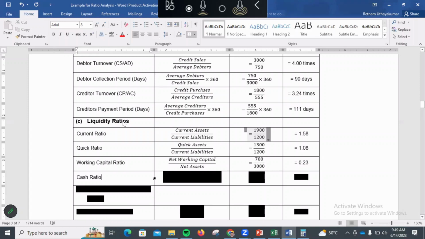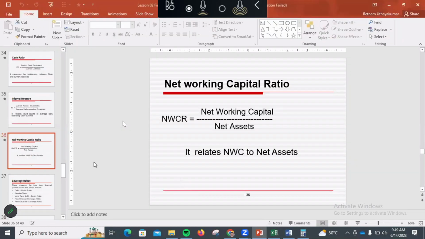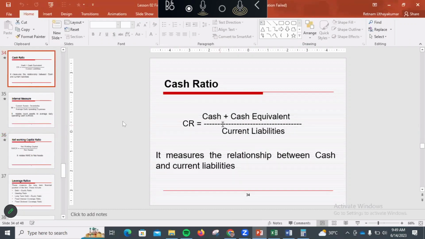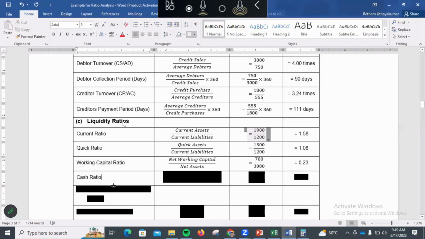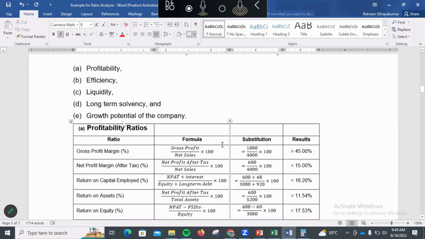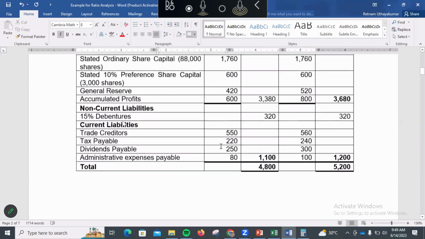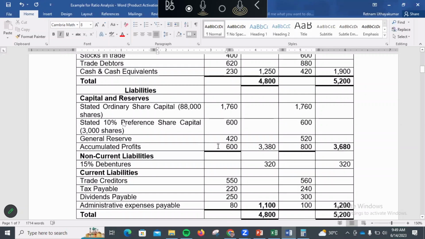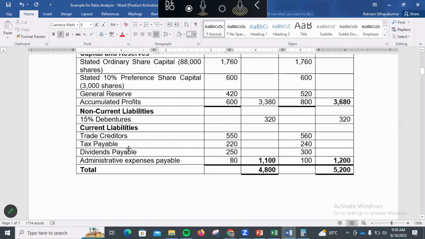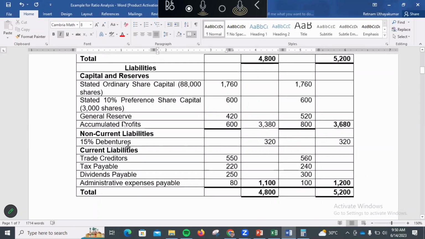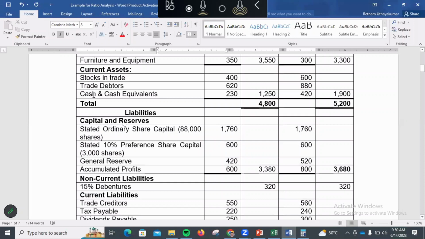Then the cash ratio. So what is cash ratio? Cash plus cash equivalent over current liabilities. So you can substitute, find out this cash and cash equivalent value. You go to the balance sheet, you can find it under current assets. The cash and cash equivalent, 420 is there.